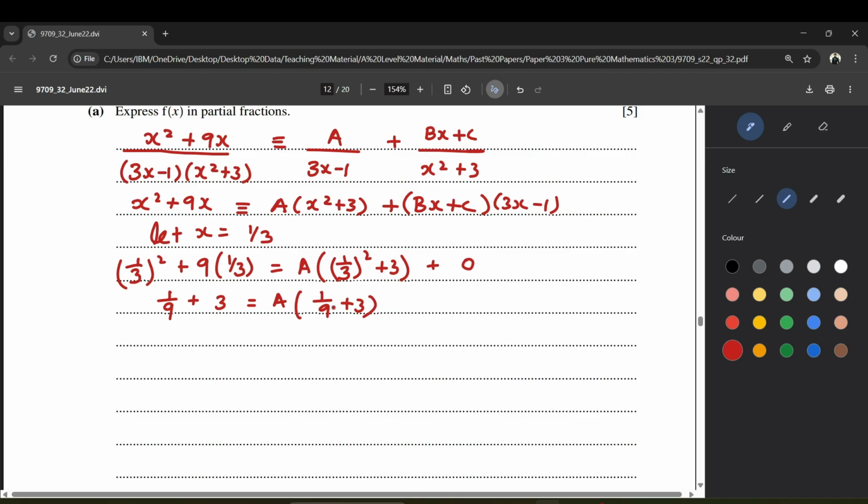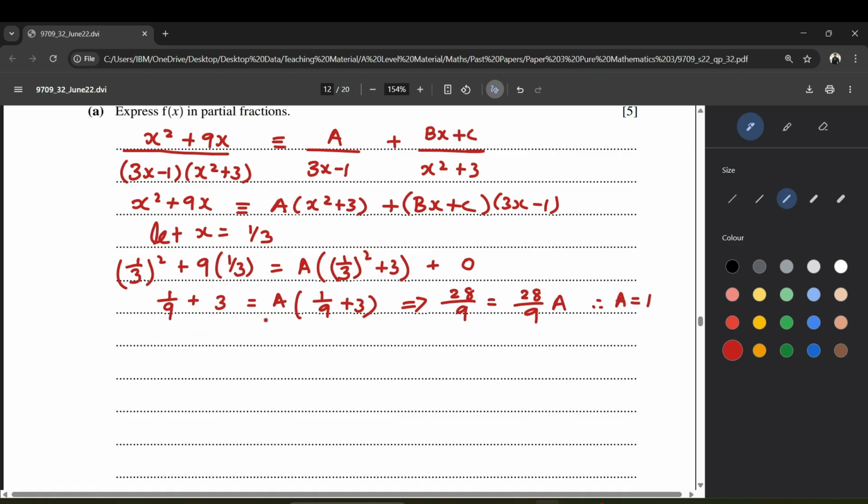You can see that they are the same expressions, right? So if I divide this whole thing on the other side, this basically turns out to be 3 plus 1 over 9, that will be 28 upon 9. So 28 over 9 equals 28 over 9 a. Therefore, a is equal to 1.